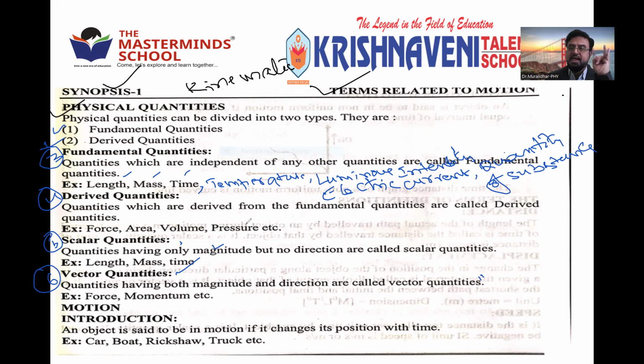First, kinematics and physical quantities are already written. Then fundamental quantities, derived quantities, scalar quantities, vector quantities. All the physical quantities are classified first into fundamental and derived quantities based on their independence. Next, scalar and vector based on magnitude and direction. Only magnitude: scalar quantities.